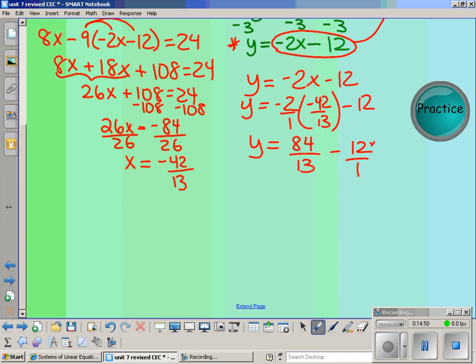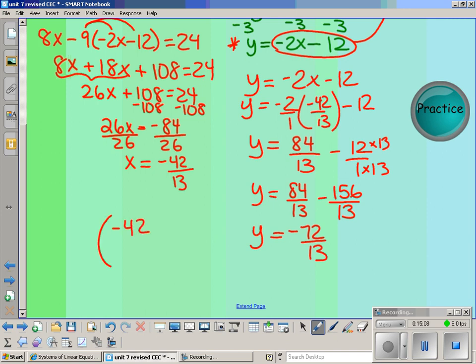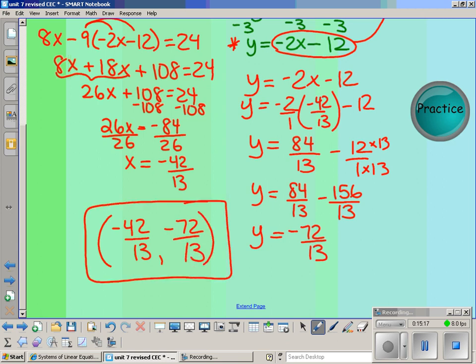So we would times each of these by 13. And we will have 84 13ths minus 156 13ths. And then 84 minus 156 is negative 72/13. So our solution, negative 42/13 and negative 72/13. And that is an exact value.